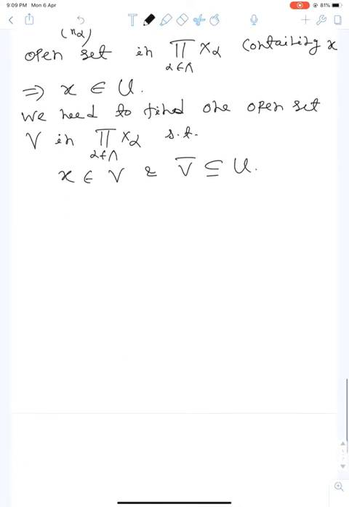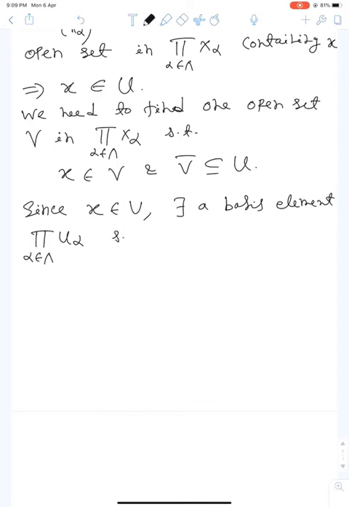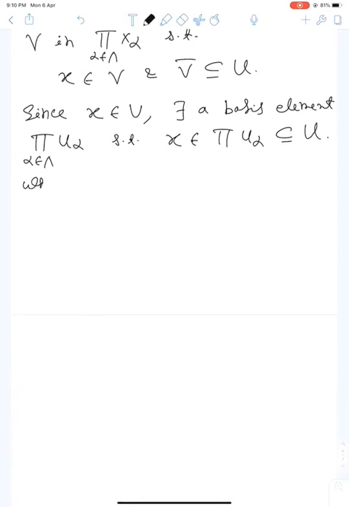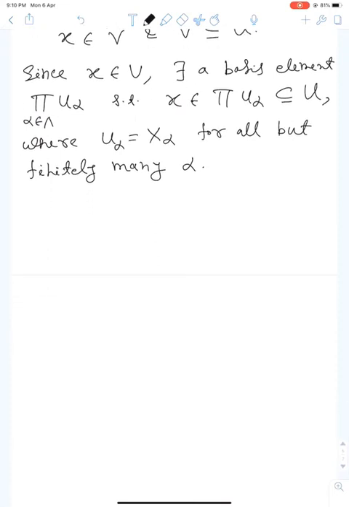Right? Okay. Now since x belongs to U in the product topology, there exists a basis element, this kind of basis element, product of u alpha, such that x belongs to that product of u alpha, a subset of U. Now since we are talking about the product topology, we have u alpha equal to X alpha for all but finitely many alpha.